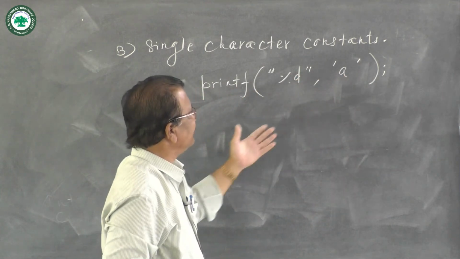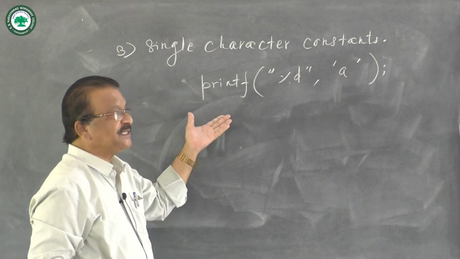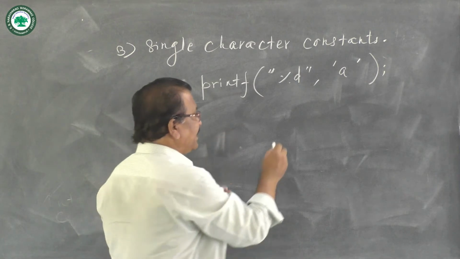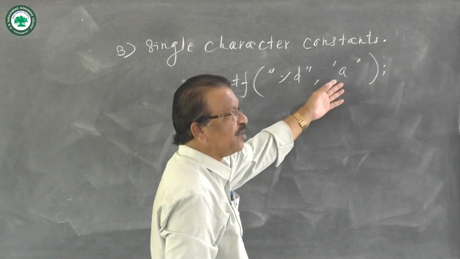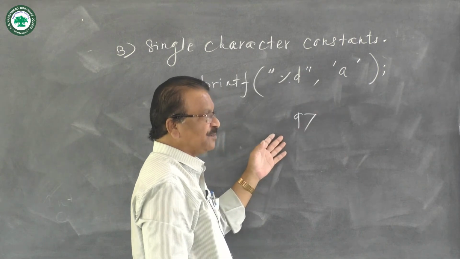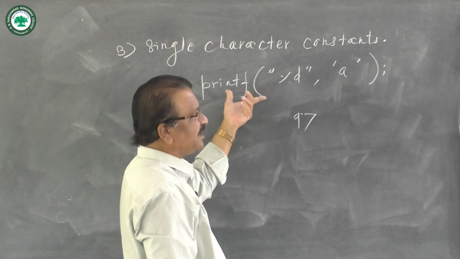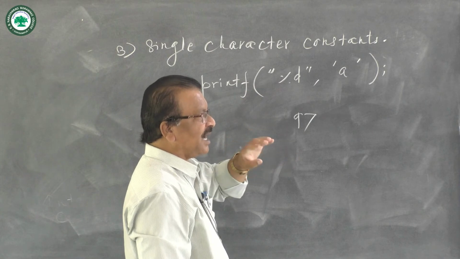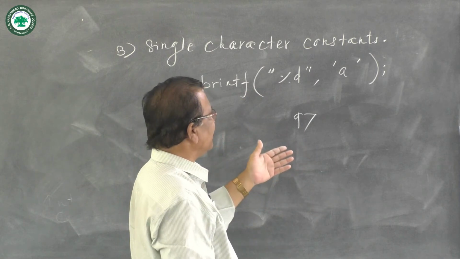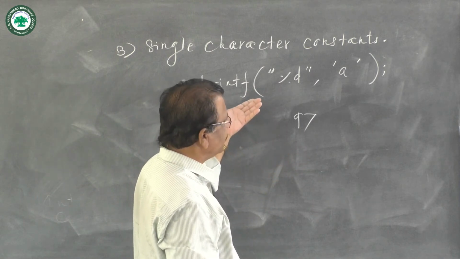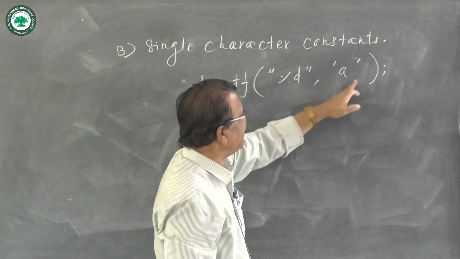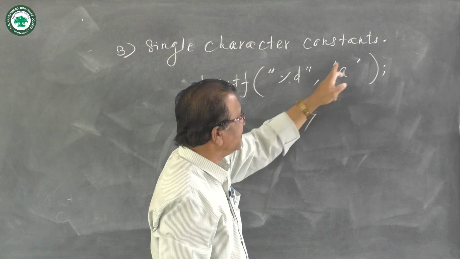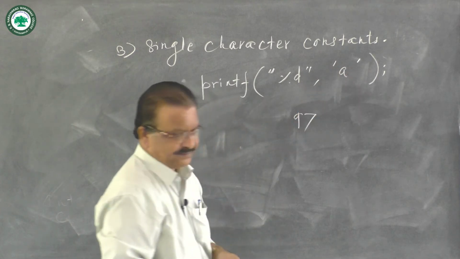Then this printf statement will print the value 97, which is the ASCII value of small a. So this particular statement will print the ASCII value of any single character constant which you would like to print just by replacing the single character constant which is here.